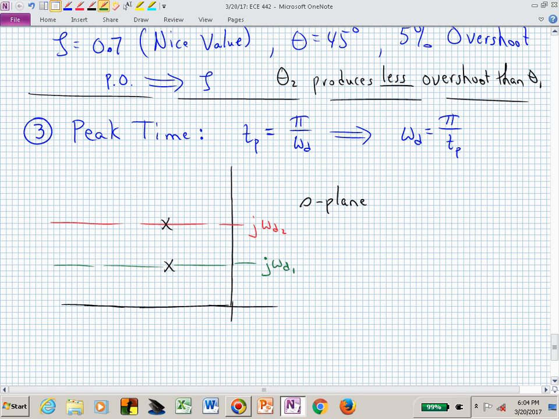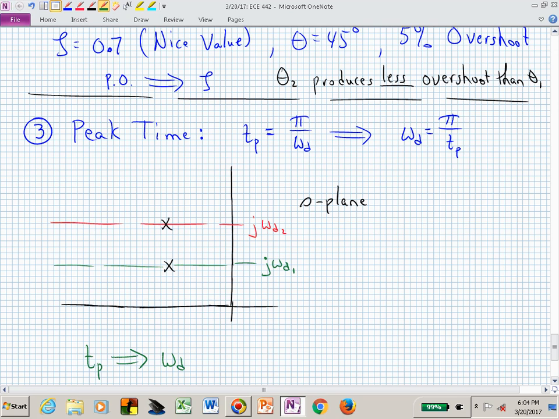I'm wanting you to connect t sub p, time to peak, with omega sub d. If omega sub d sub 2 is bigger than omega sub d sub 1, which of those poles peaks quicker? The one in red or the one in green?